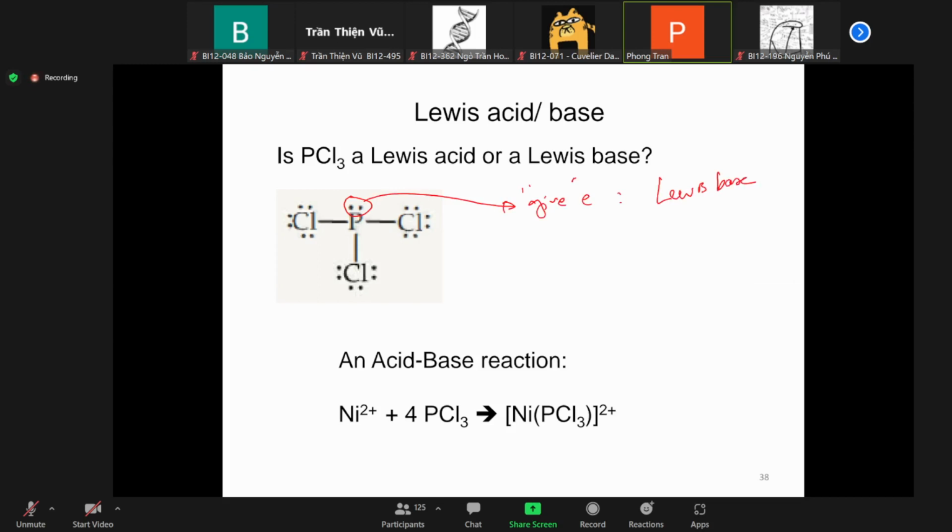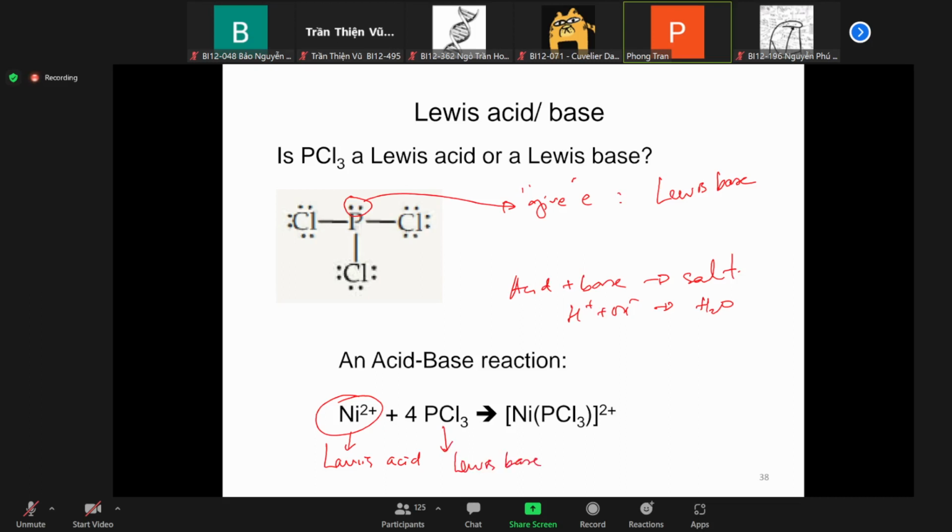And I mentioned that nickel 2 plus is a Lewis acid. So basically you have the reaction acid plus base provide salt, right? H plus plus OH minus provide H2O. So here you have a Lewis acid, which is nickel 2 plus, and here you have a Lewis base.